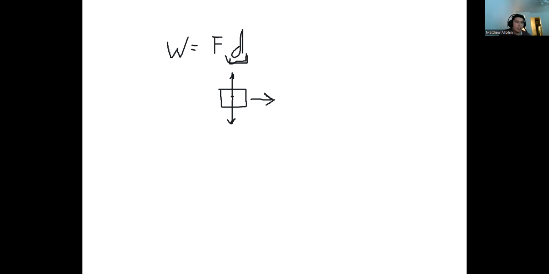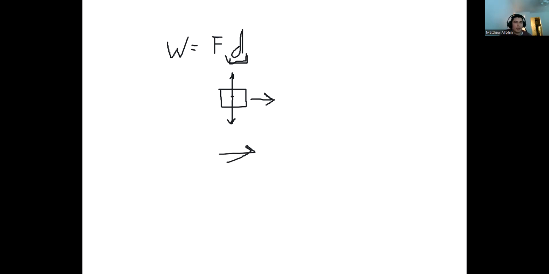Technically speaking, since she's traveling at a constant velocity, she doesn't need to apply a force to get this to move, though you could argue that she is, and that's okay as well. As long as she's applying a force and she's moving in that direction, she is doing work in this direction. But that's not super important.